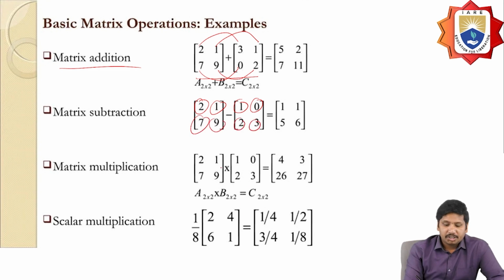For matrix multiplication, 2 into 1 plus 2, 1 into 2, so that should be 4, then 2 into 0 plus 1 into 3, that is 3. For scalar multiplication, I'm applying 1 by 8, so the matrix is multiplied by it: 2 by 8 is 1 by 4, 1 by 8, 6 by 8 is 3 by 4, and 1 by 8.